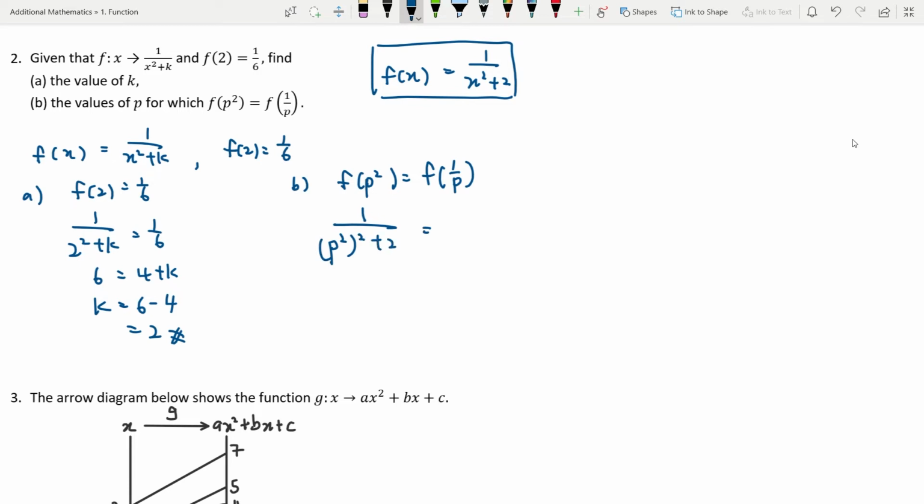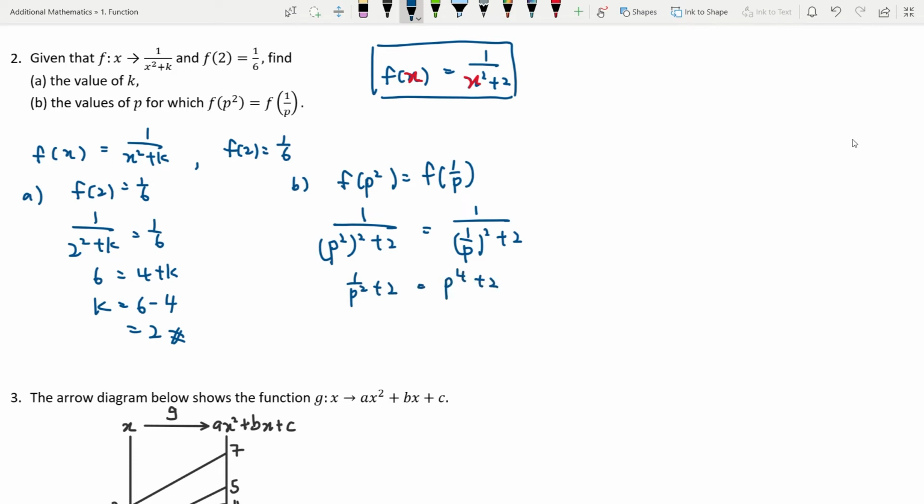Do the same for 1 over p. We get 1 over 1 over p squared plus 2. Remember, we only substitute the x, so we still have a square up there. We expand the bracket and cross multiply them. We will get 1 over p squared plus 2 equal to p power 4 plus 2.